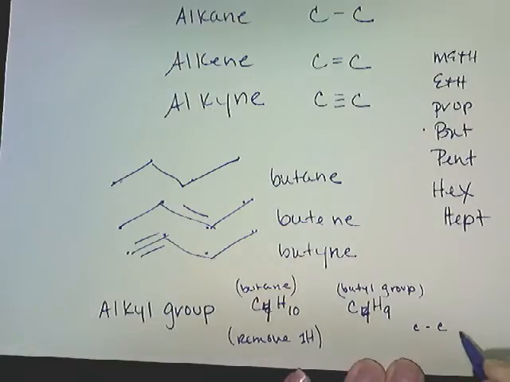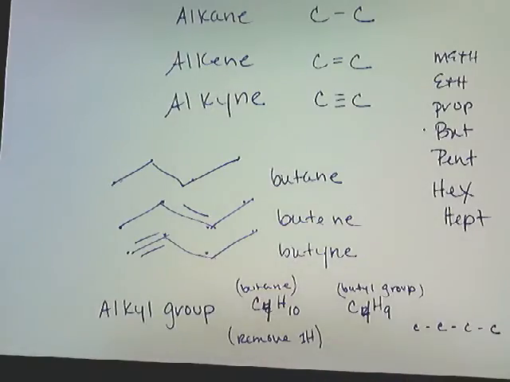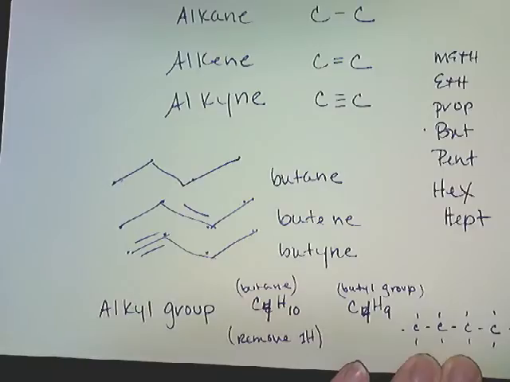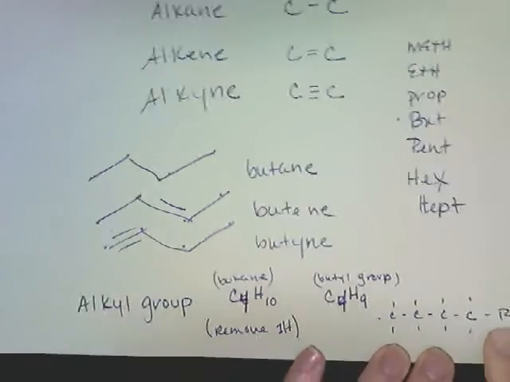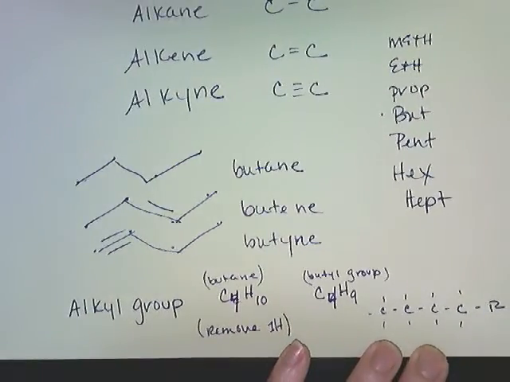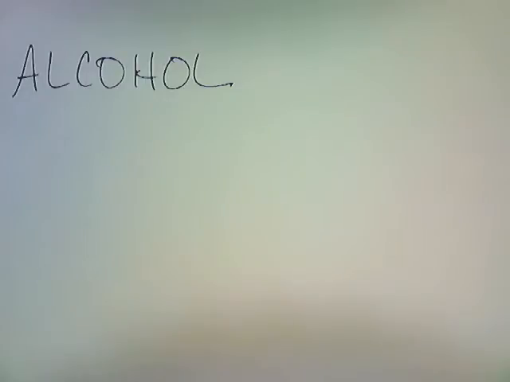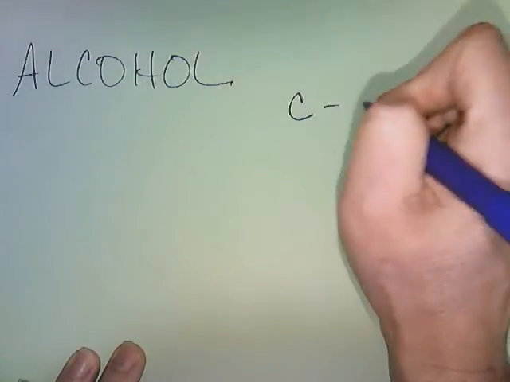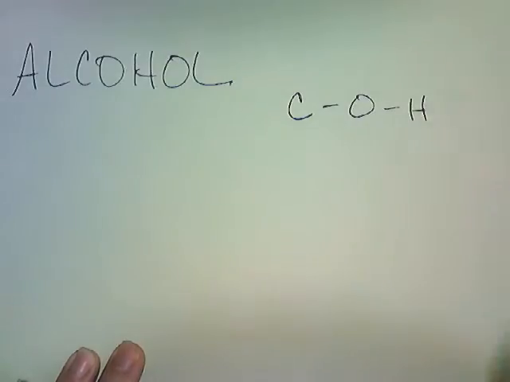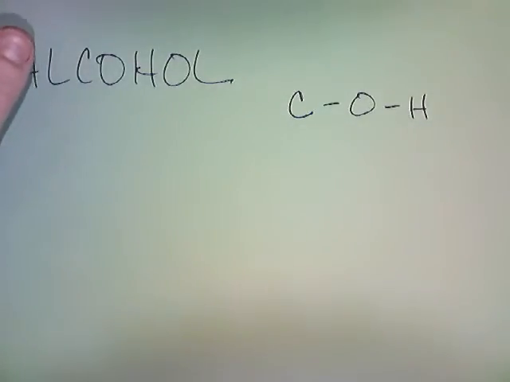So when we put them together, there would be 1 less H on the end here, and there'd be room for a functional group. All right, so here's the alcohol. So alcohols are identified by a C bonded to an O bonded to an H, COH.